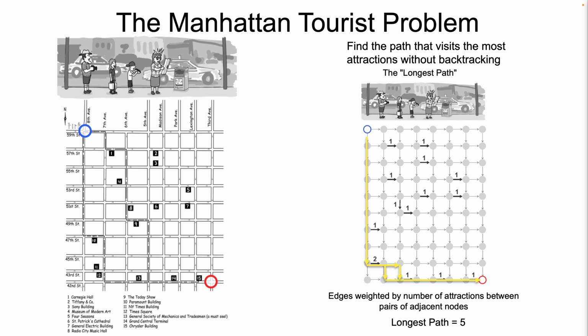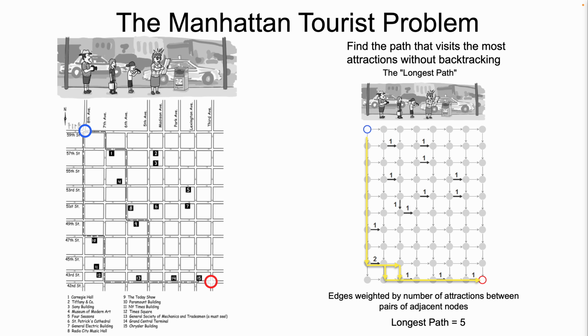And if you stare at it for a while, draw the arrows, try to find the best route, you will find that the longest path, if you can only go south and east, right? You can only take 2 kinds of turns. This is the optimal path. So at most, if you can only go south and east, you can visit 5 attractions.